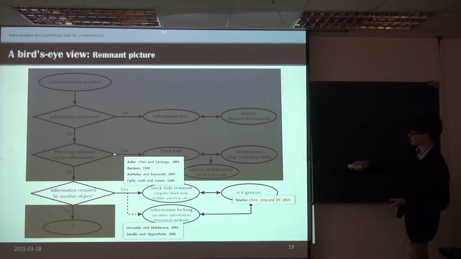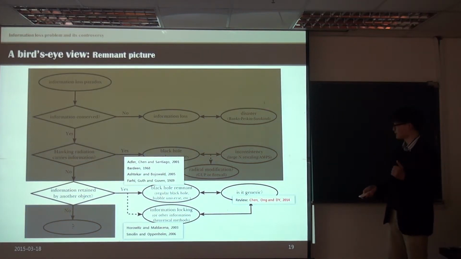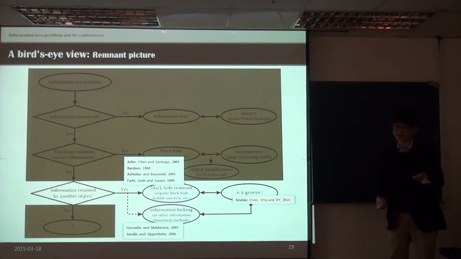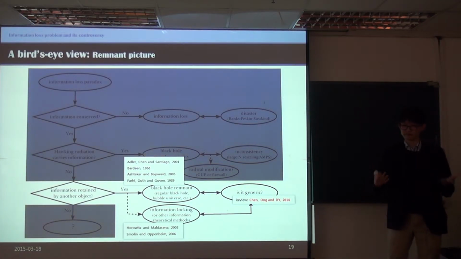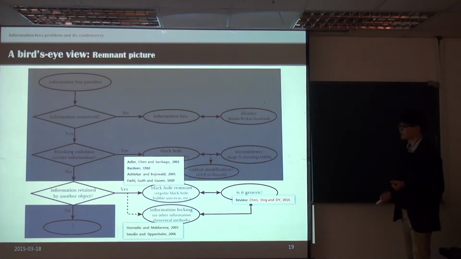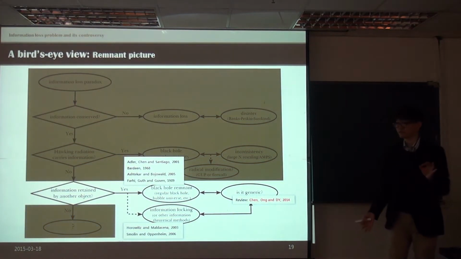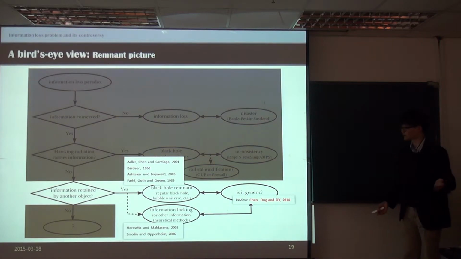There are lots of references. I selected some important ones, and this paper was written by Professor Chen, and there are also lots of issues. In this black hole remnant scenario, information can be stored in a very Planck-scale object, or after resolving the singularity, information can be recovered from such a quantum recoil effect, or information is retained by internal structure, for example, bubble universes, and so on.